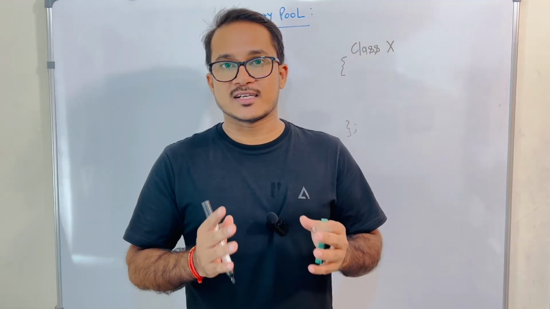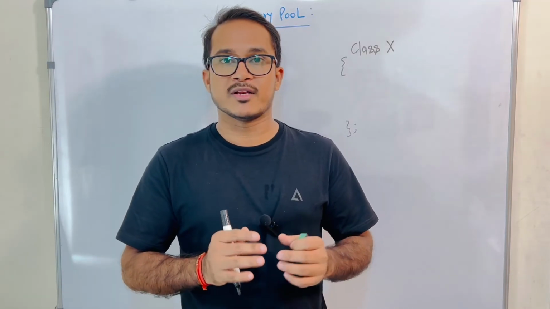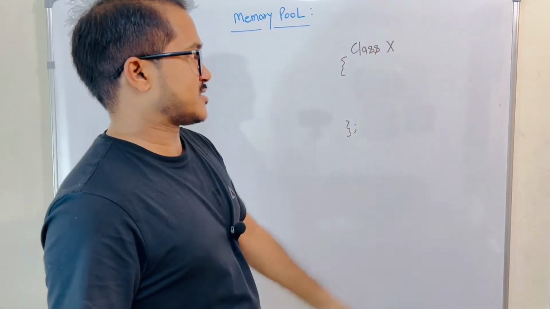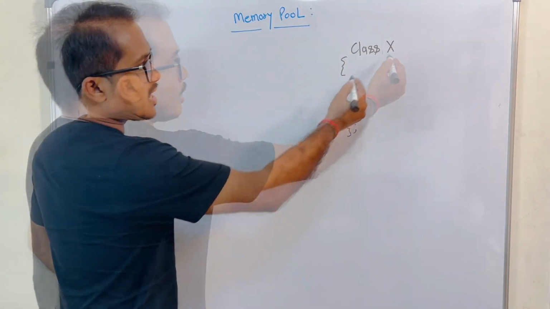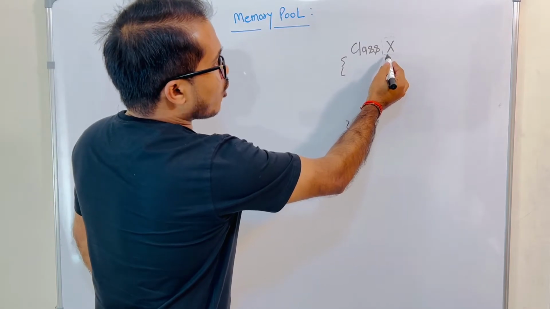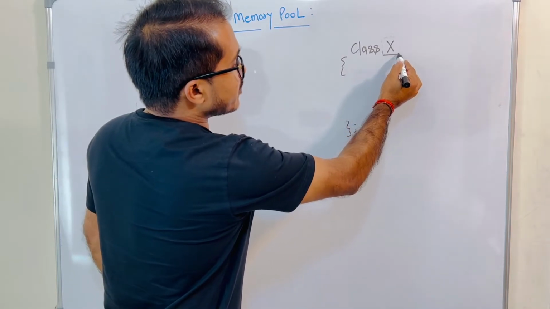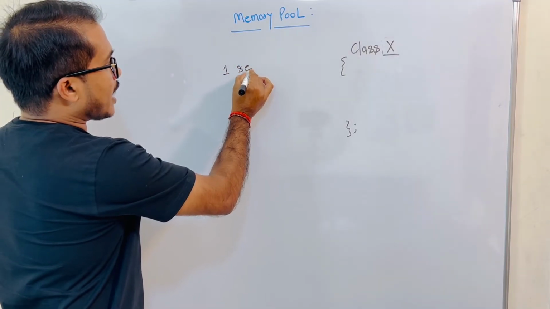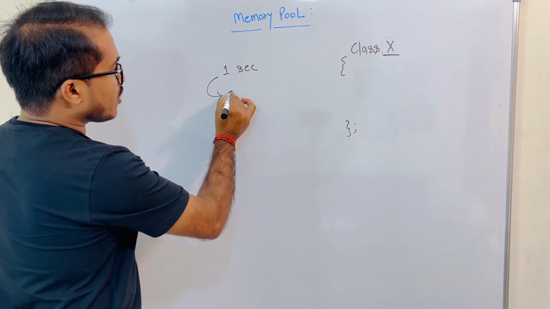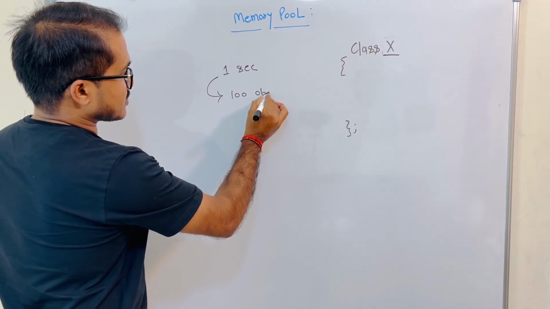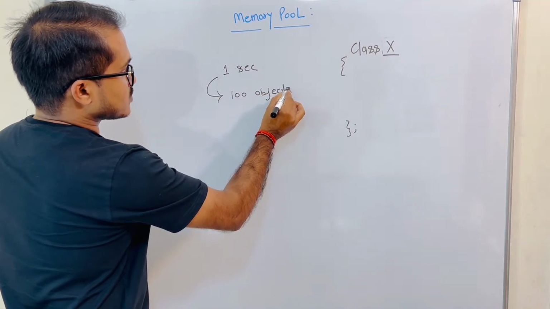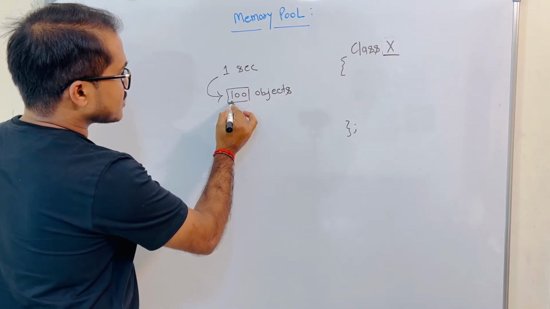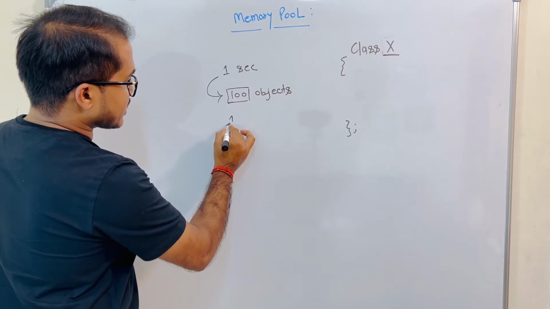So let's try to understand the core idea behind memory pool. Let's say inside my system I have one class X, and I create objects of this class very frequently. For example, in 1 second I create 100 objects, and at the same time I delete all these objects within that same second.